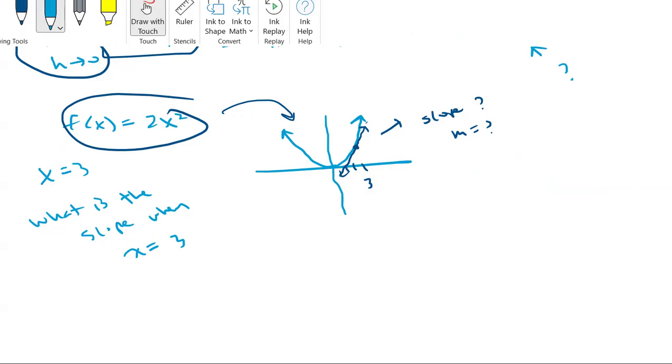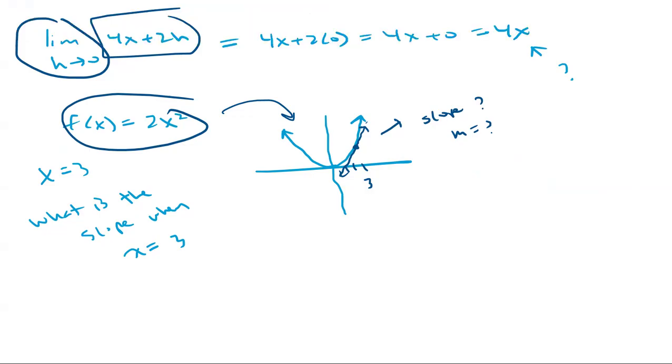We just found the 4x plus 2h. And we plugged in 0 for h, which gave us 4x plus 0, which is just 4x. So I meant to use 4x instead of 2x squared.